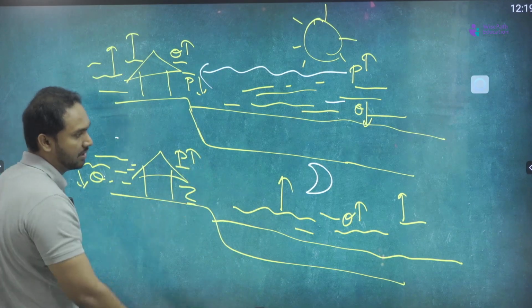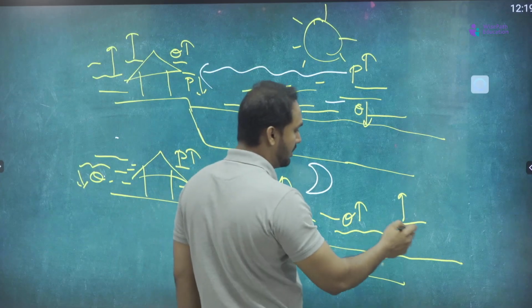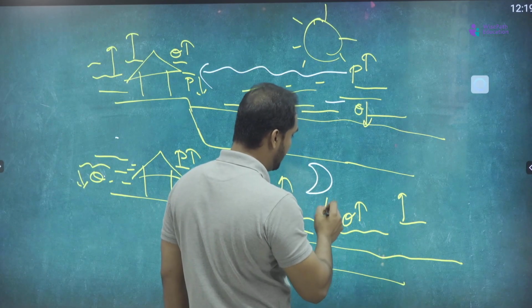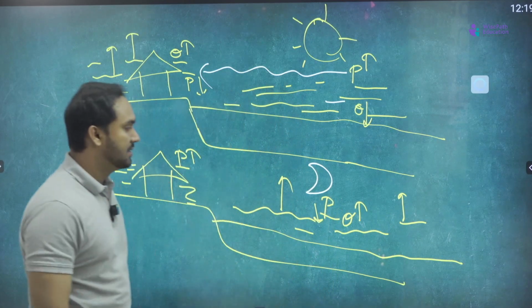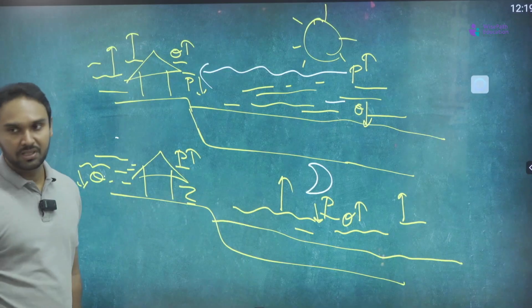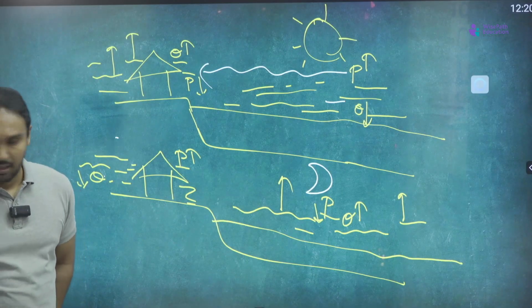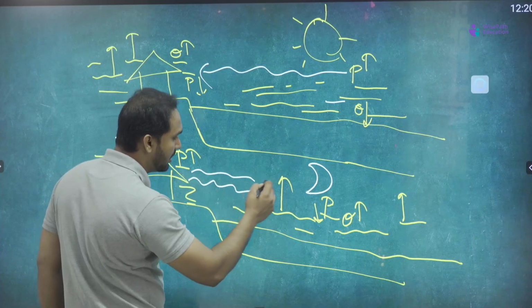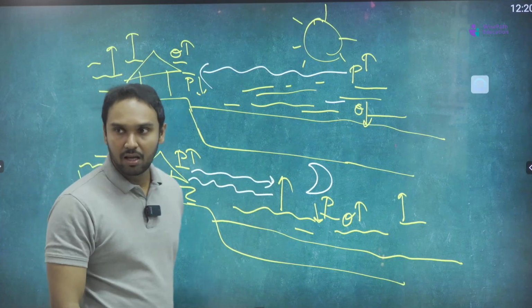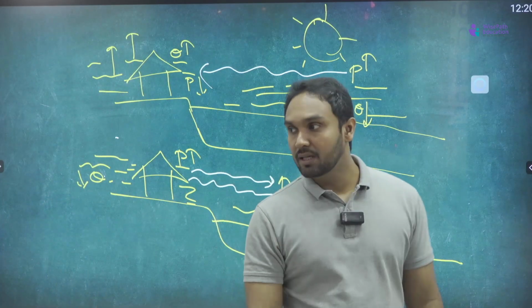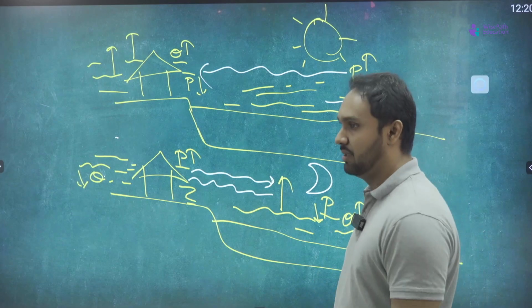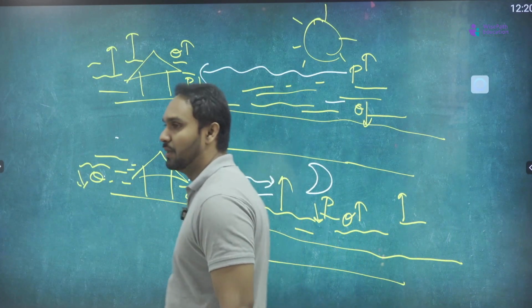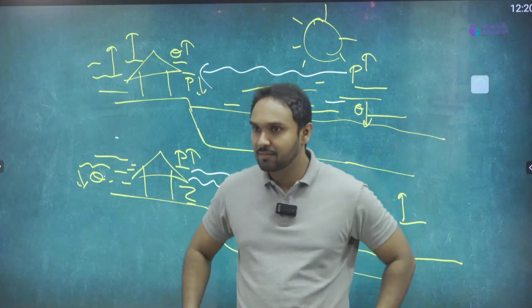High air pressure here, low air pressure there. Always from high pressure to low pressure, the current happens, right? So the air flows from the ground to the sea. You call it the land breeze, right? So in the night, you feel the land breeze, yes.